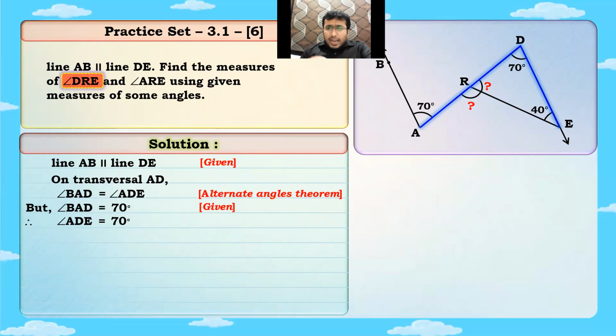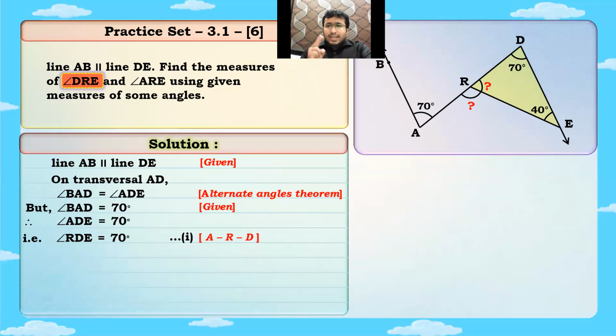But this angle ADE can also be written as angle RDE. And what will be the reason for this, students? It will be A-R-D, that means all the 3 points A, R, D lie on the same line. They are collinear points.